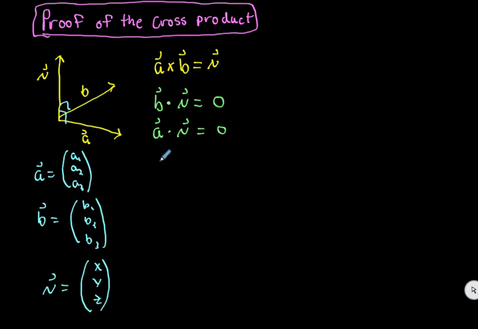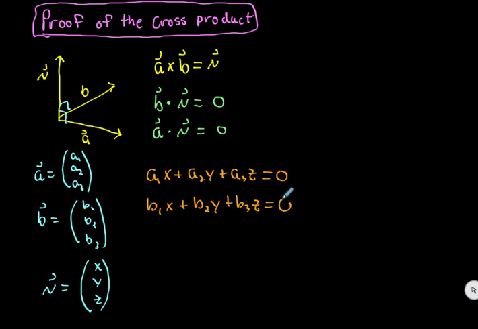So if we take A dot product N, we're going to end up with A1x plus A2y plus A3z, and that's going to be equal to 0. And then if we take B dot product N, we get B1x plus B2y plus B3z, which is also equal to 0.